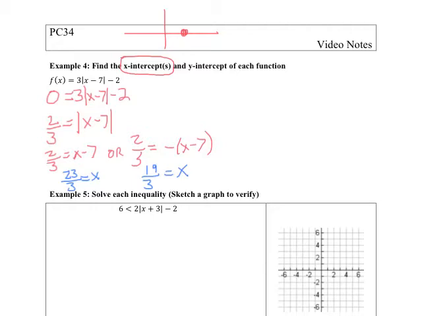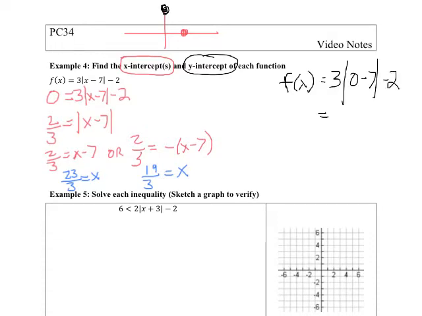If we want to solve for the y-intercept, it occurs where x is 0. So there is only one possible y-intercept, and it's going to occur when x is 0. So we write f of x is equal to 3 times the absolute value of 0 minus 7 minus 2, and that is going to be 3 times 7 minus 2, or 19.